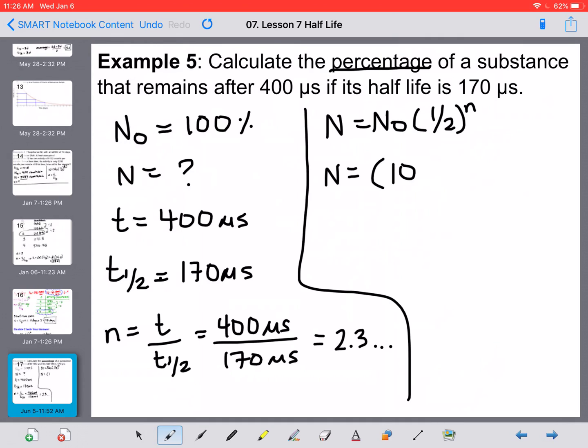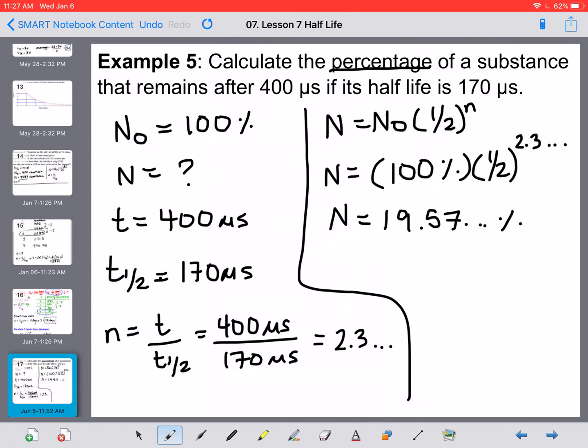N0 is 100%. And then we're doing 1/2 to the power of 2.3... And this gives me 19.57... percent. And so for my final answer to 3 significant digits, 19.6% is the answer.